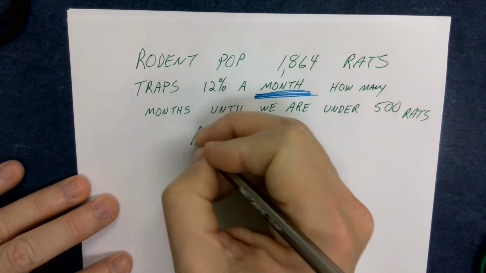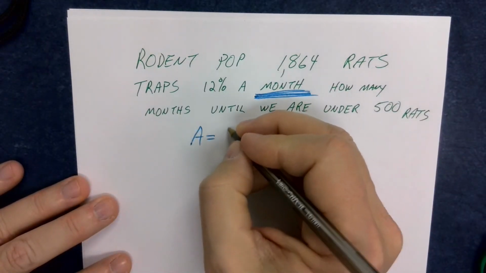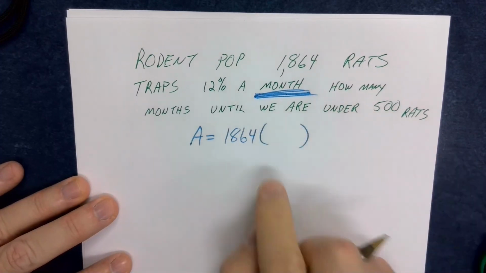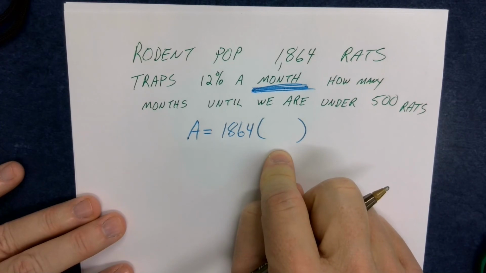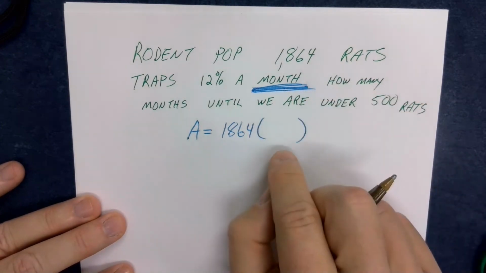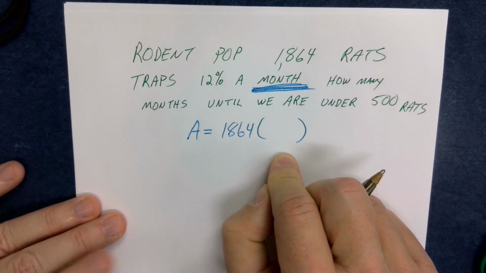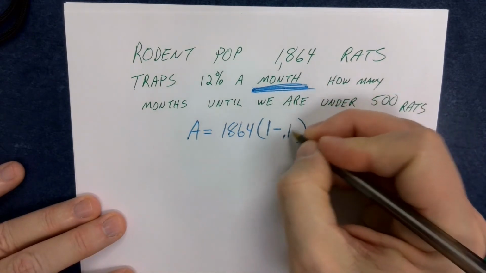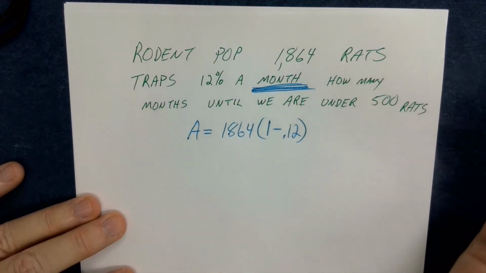So I write my single amount change, 1,864, right? And this is critical. What do I put in here? I put in either 0.88, right, 88%, or I put in 1 minus 0.12, because those two numbers are the same.